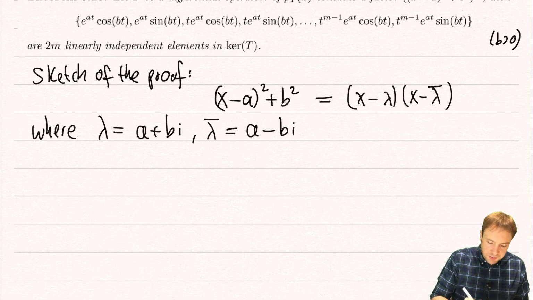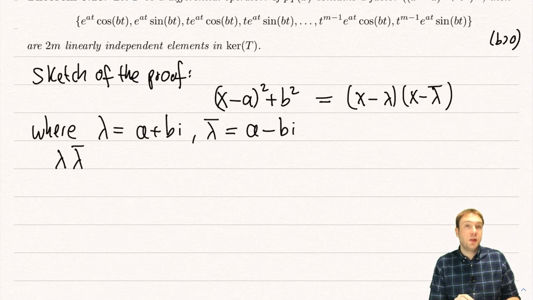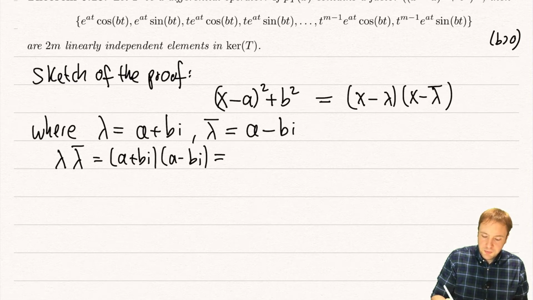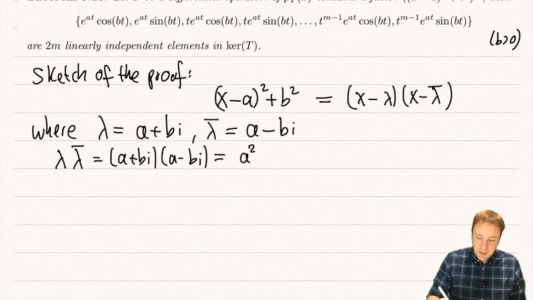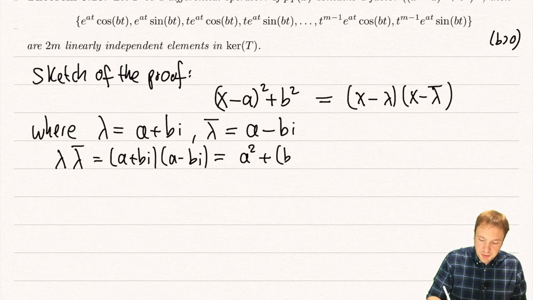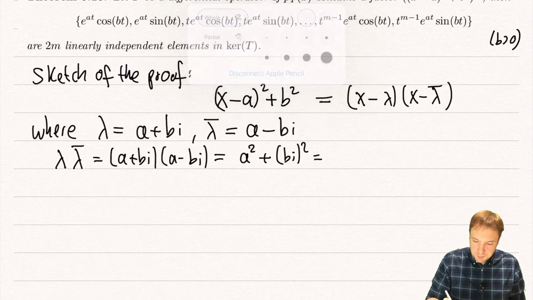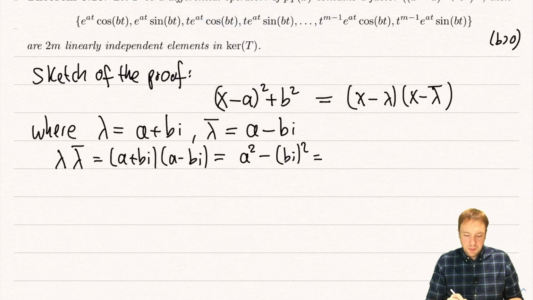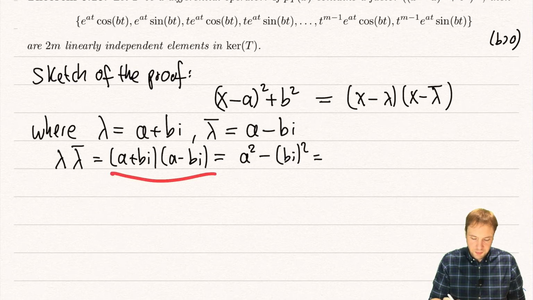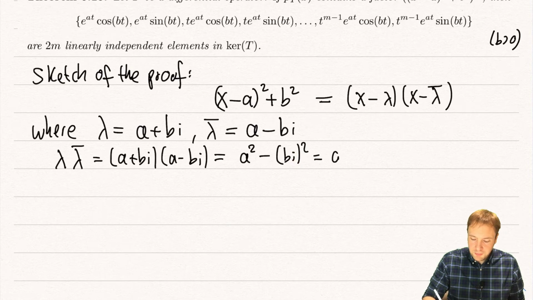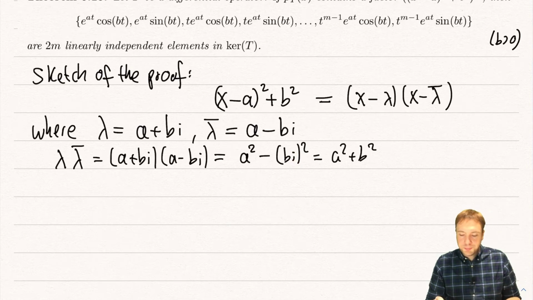And then you can check that in general, if I have a complex number lambda and I multiply it with lambda bar, so this is (a plus bi) times (a minus bi), so this is a squared minus (bi) squared, if you multiply it in the usual way, but i squared is minus 1, and therefore this is a squared plus b squared.